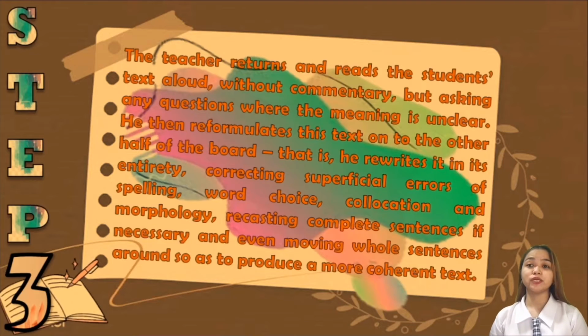As the teacher does his reformulation, he explains the thoughts of the students, but always insisting that this is the way it should be said so that everyone can easily understand it. Afterwards, students then copy the reformulated text. The following page shows the text of a group of Japanese students and the way the teacher reformulated it.